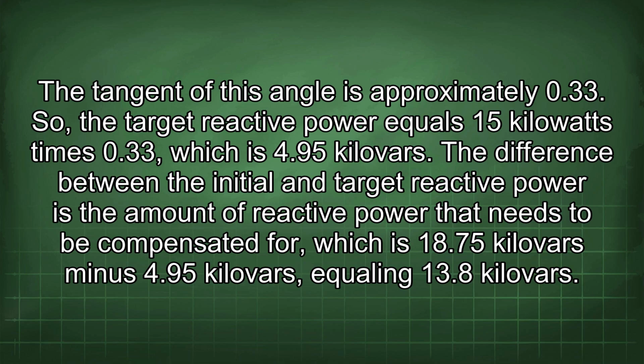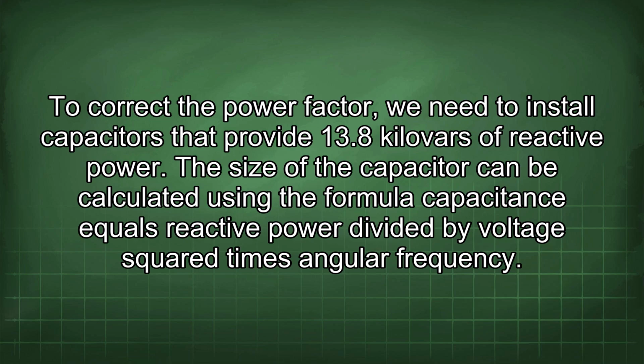The difference between the initial and target reactive power is the amount of reactive power that needs to be compensated for, which is 18.75 kilovars minus 4.95 kilovars, equaling 13.8 kilovars. To correct the power factor, we need to install capacitors that provide 13.8 kilovars of reactive power.